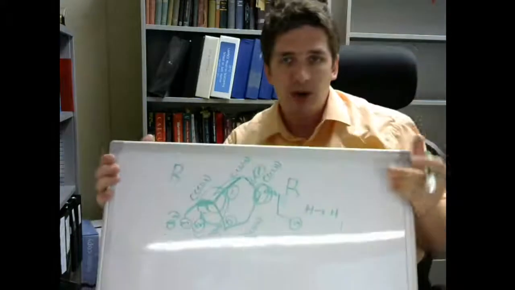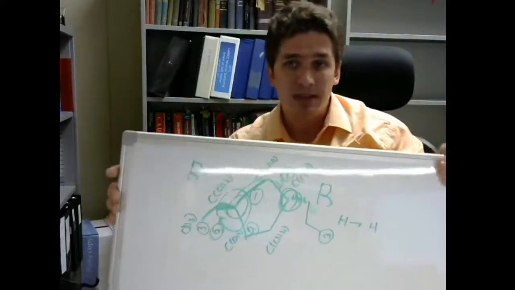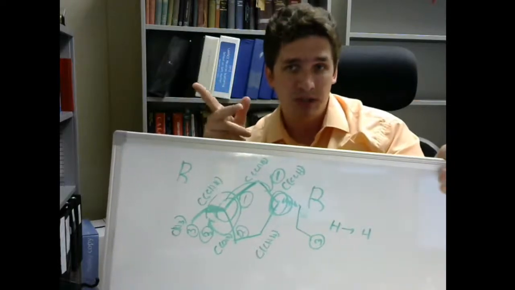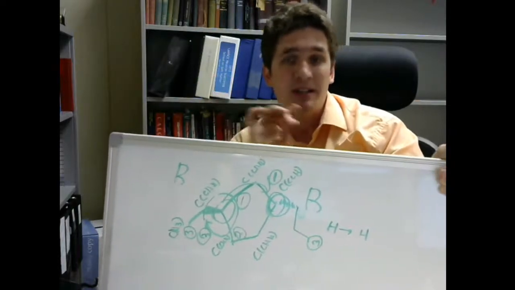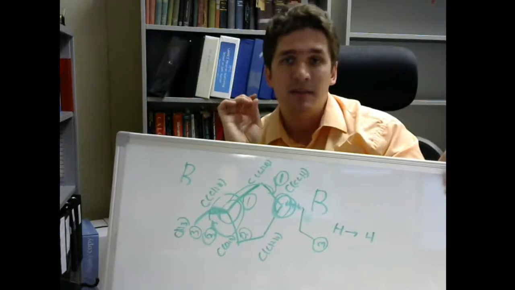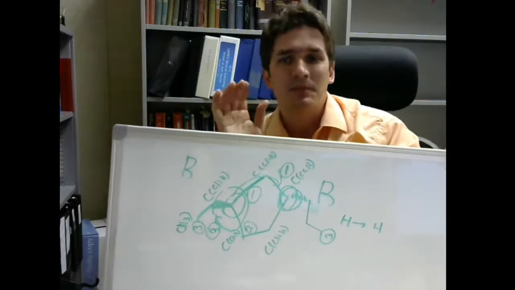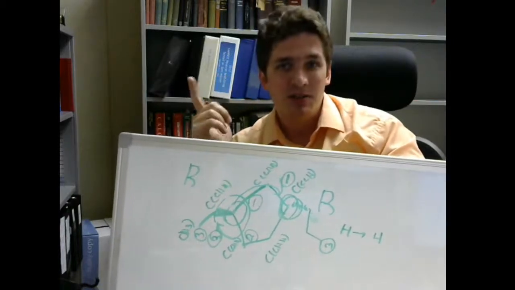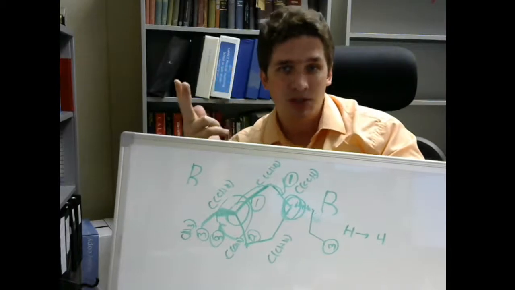So to figure out the priorities with these alkanes, the easiest thing to do: hydrogen's lowest. Next up is the methyl, the CH3. Next up is the CH2.